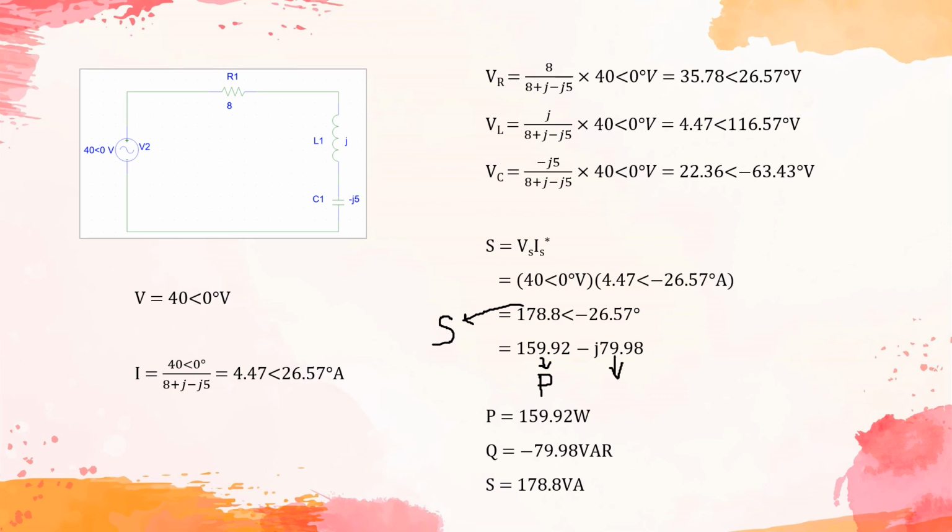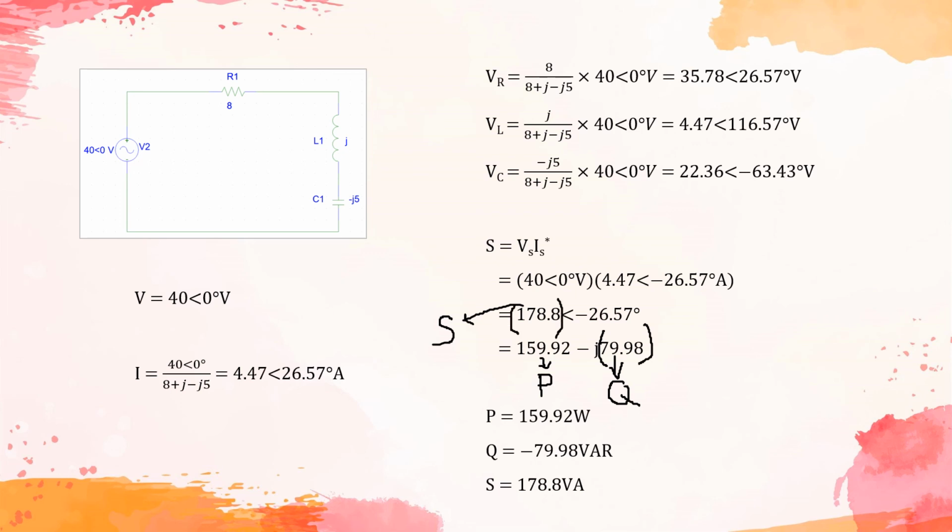Then minus j79.98. So this will be our Q, which is the reactive power. So we just take the magnitude only.